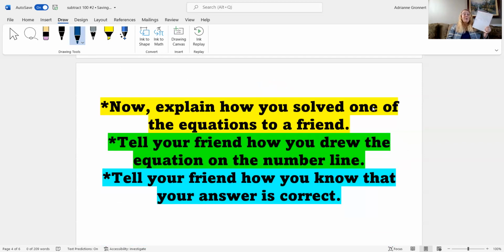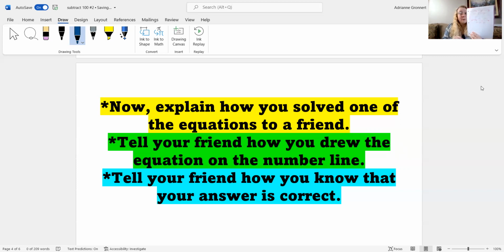Okay, now you are going to take a look at both of the equations that we solved. And your job is to explain how you solved one of those equations to a friend. Tell your friend how you drew the equation out on the number line. Also, tell your friend how you know your answer is correct.